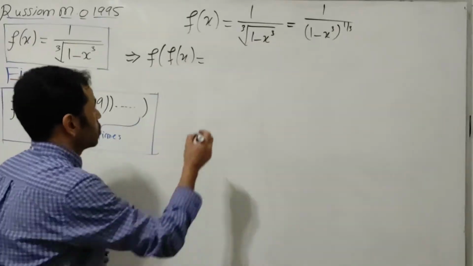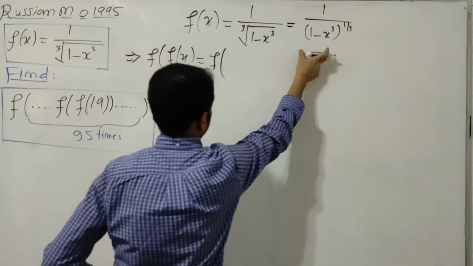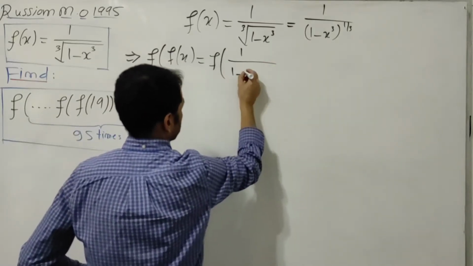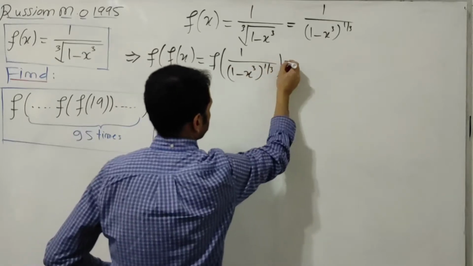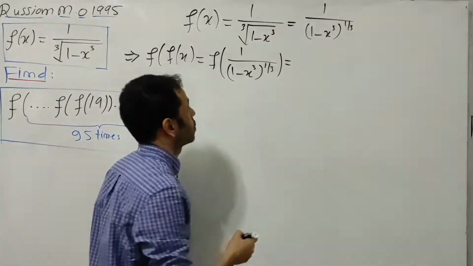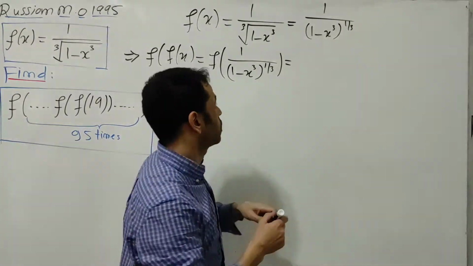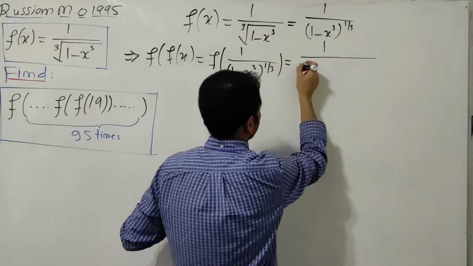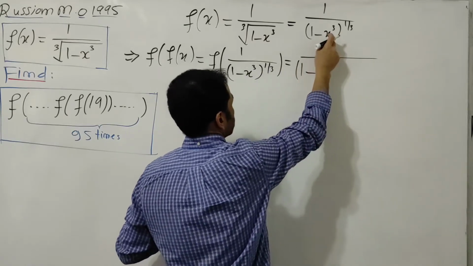So for f of this function, I'm going to insert this function into x. I will have 1 over (1 minus x cubed) to the 1 over 3. This one is giving me the following expression. I'm going to insert this value into x. I'm going to write the same function that I have, but I'm going to insert this value of x.